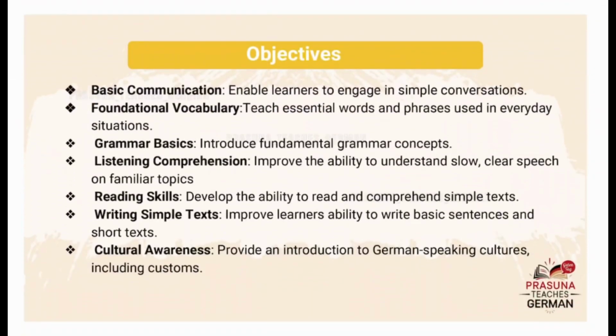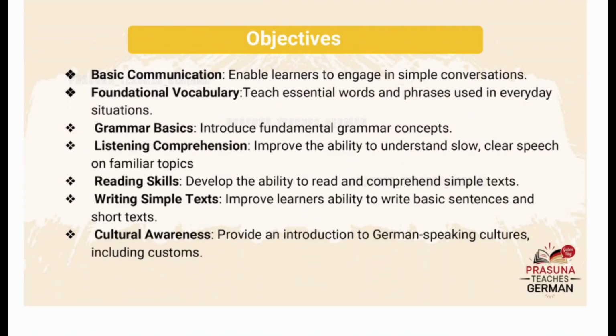What is the basic objective of this course? People might wonder, can I speak just like English? What are the topics we are going to cover? Where exactly will I be in the language once I'm done with this A1 course? In the A1 course, we cover basic communication, enabling learners to engage in simple conversations. Second, fundamental vocabulary, like vocabulary related to food, hobbies, clothing, and body parts.